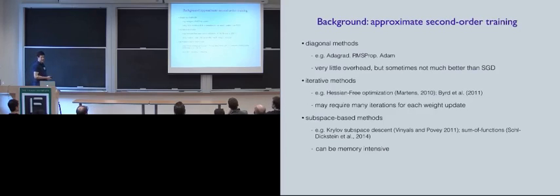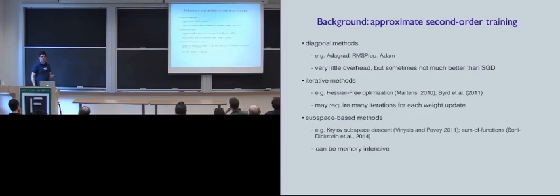And these algorithms involve very little overhead because you only have to store a diagonal matrix. That's very cheap. It's linear. And you can easily invert a diagonal matrix, just invert the diagonal entries. And so these algorithms are very commonly used, and they help a bit. But unfortunately, they're often not that much faster than plain SGD.